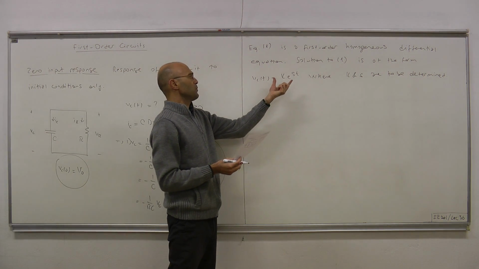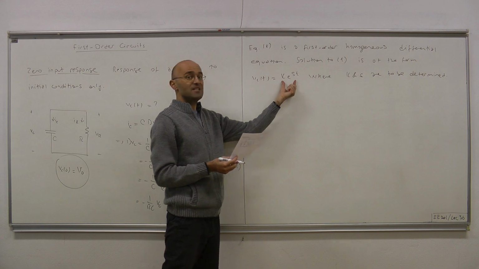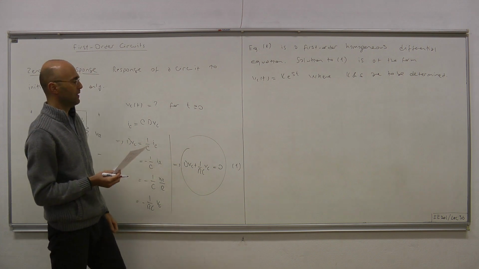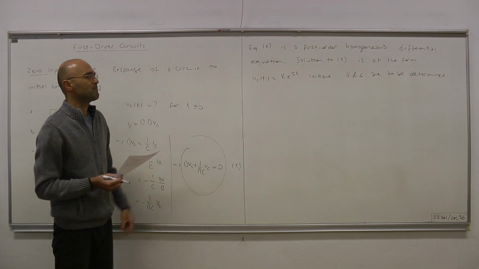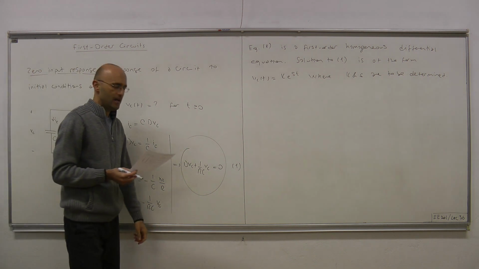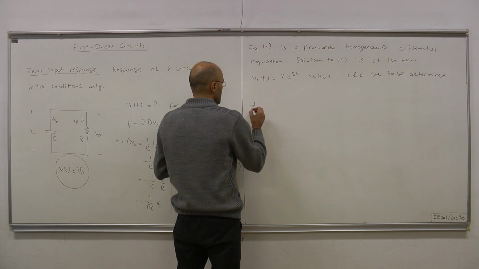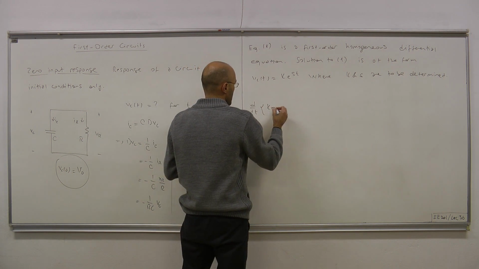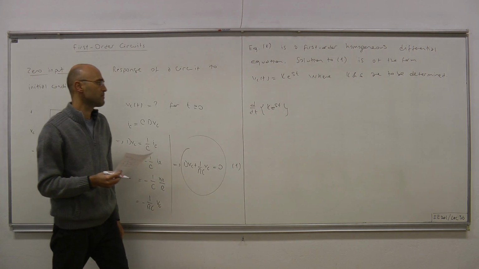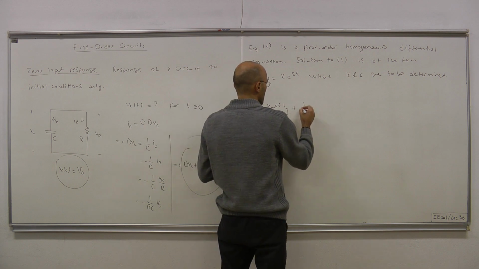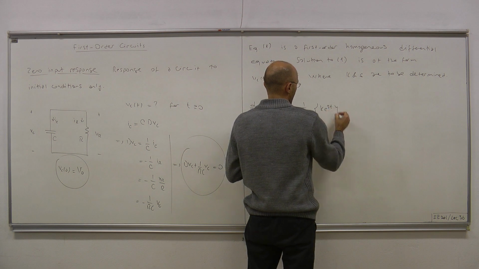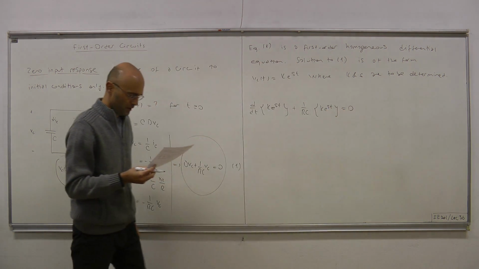What we're going to do now is this is our solution candidate. We'll put that candidate into the first constraint, the differential equation constraint, and then we will also put it into the second constraint, and that will give us K and S. So d over dt of K e to the st. Now we're plugging this candidate into the differential equation, plus 1 over RC times it equals 0.